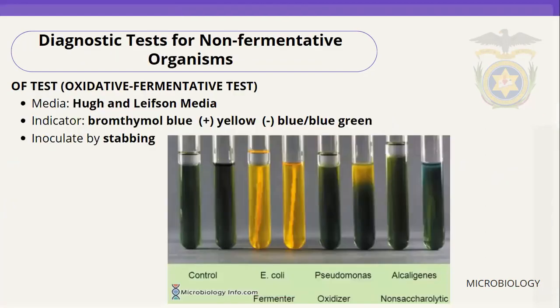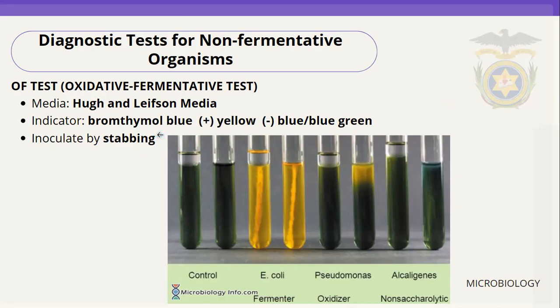Next, we are going to learn the different diagnostic tests for non-fermentative organisms. For the OF test, or oxidative-fermentative test, we use Hugh and Leifson medium, and the indicator used is bromthymol blue. The positive reaction shows a yellow color, and if it's negative, it's blue or blue-green.